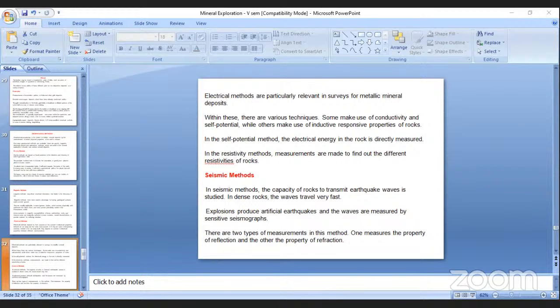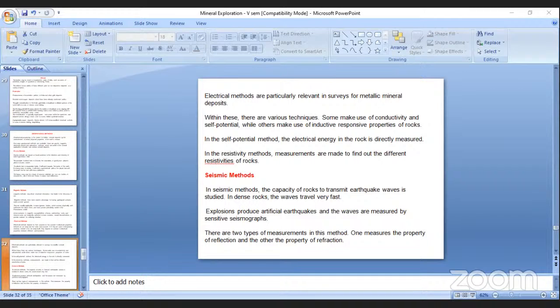Based on the rock properties or the mineralization properties, these rocks have the capability to absorb more power or to transmit more power through them. So this is a resistivity method. It indicates the study of the resistivity of rocks.